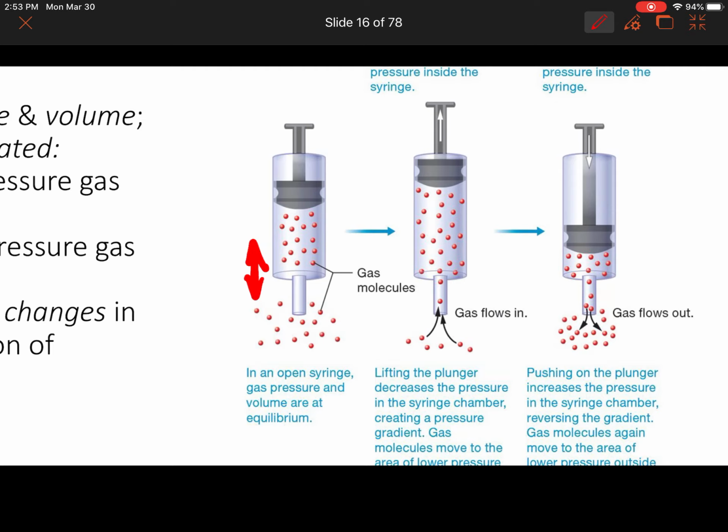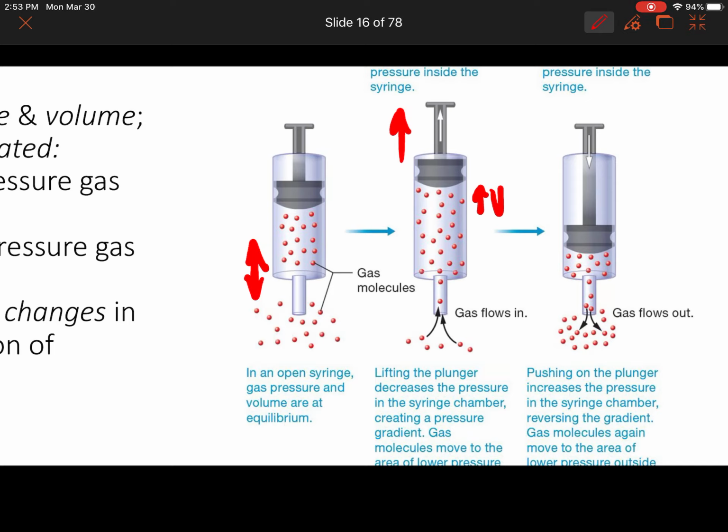All right, if we take our syringe and pull back the plunger, we're increasing the overall volume. And because there's more volume, there's less pressure of the gas molecules within the syringe.